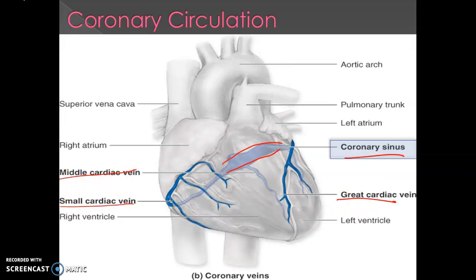They come together and drain the deoxygenated blood into a thicker vessel called coronary sinus, and the coronary sinus sits in the coronary sulcus. Remember, sulcus is the depression. Okay.